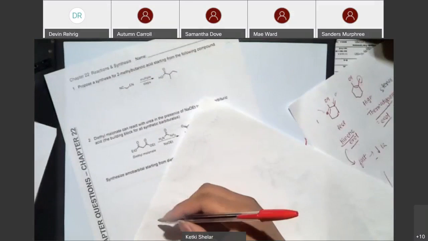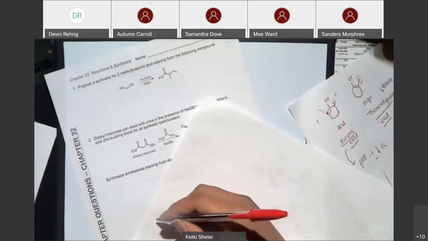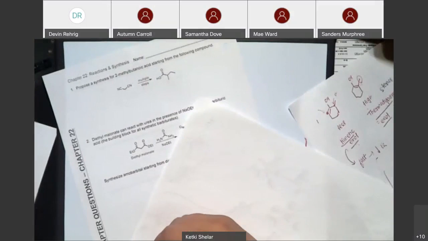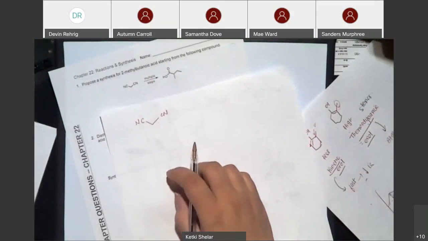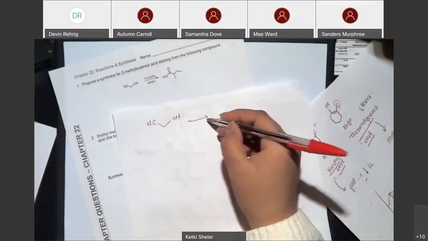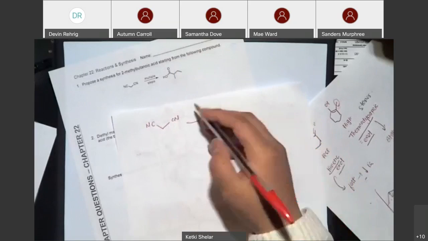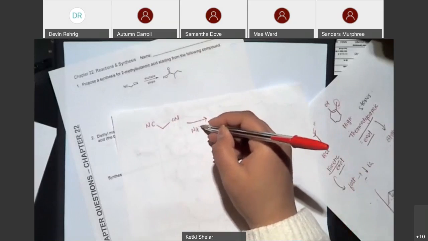Coming to our next question, which also depends upon the same mechanism. That's why I was highlighting a lot. So the next thing is CN. Here you need to form this compound, right? So here, the same thing, sodium ethoxide.